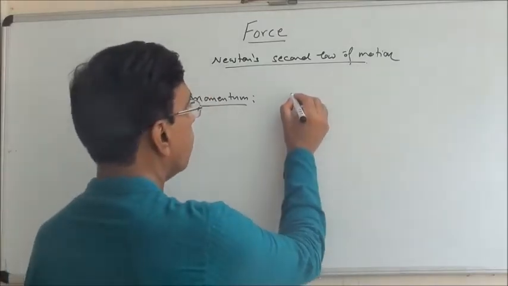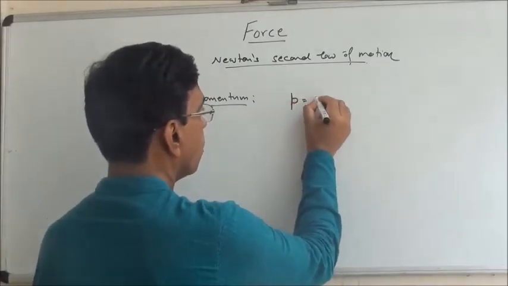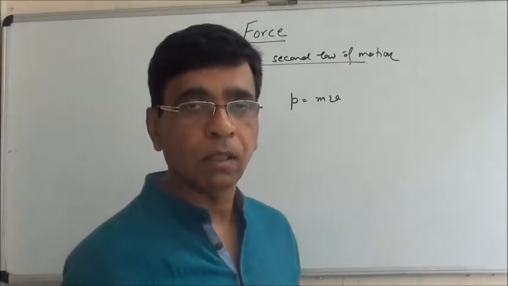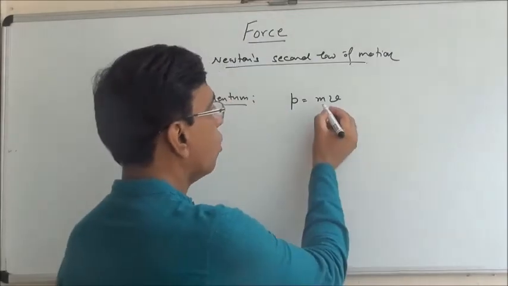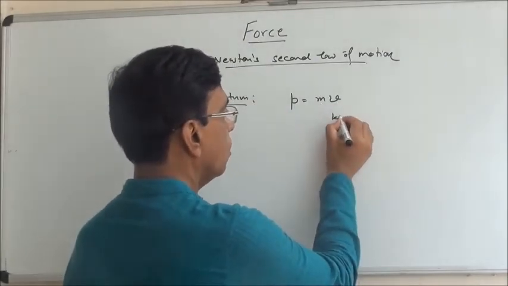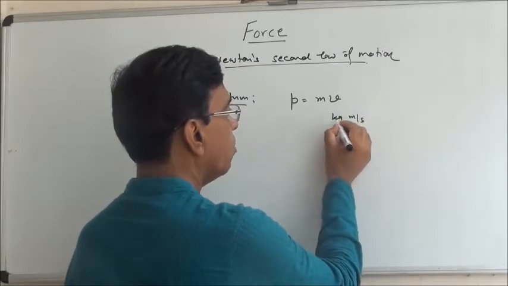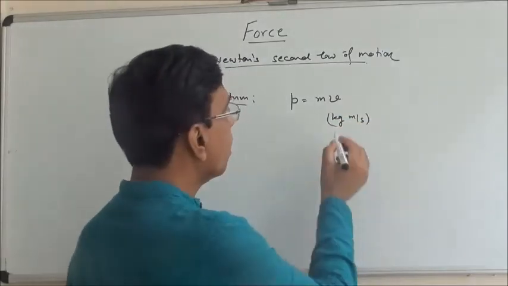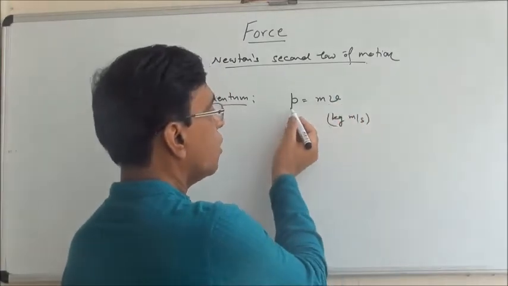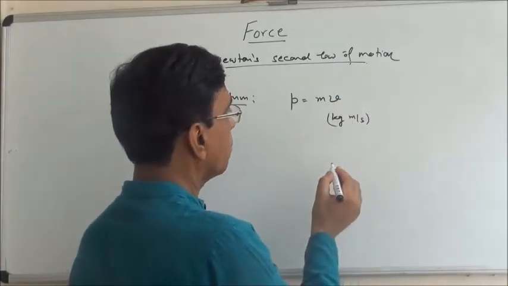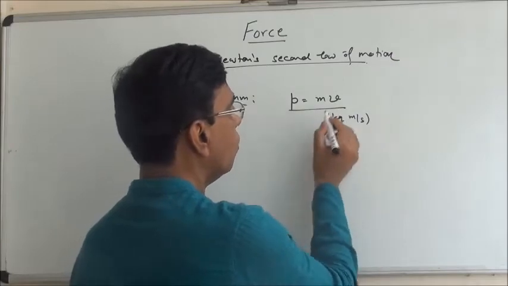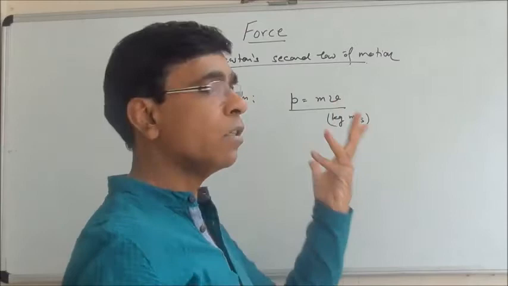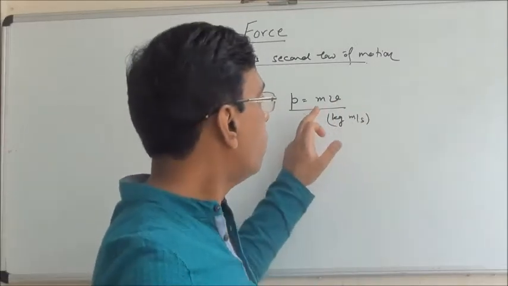Momentum of a body is, in a way, the amount of motion that a body has. It is the product of mass and velocity. So kilogram meter per second is the unit in the SI system, and it has the same direction as velocity. So it is defined only for moving bodies. For a body at rest, the momentum is 0.